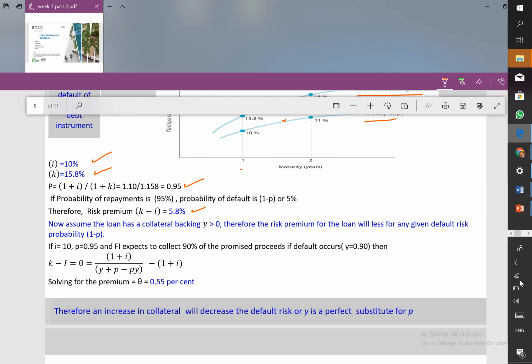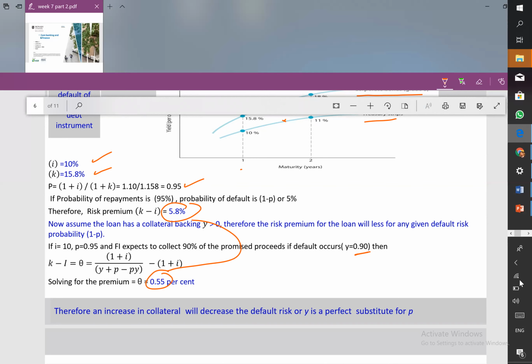When we bring the collateral, if we assume the collateral is 90%, which means it covers 90% of our loan, then see how much the drop in the premium. I used to have 5.8, it drops now to 55 basis points. This is because we guarantee 90% of our loan is coming from the collateral if it defaults.